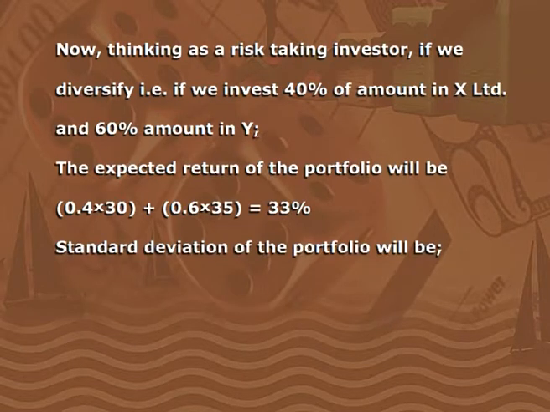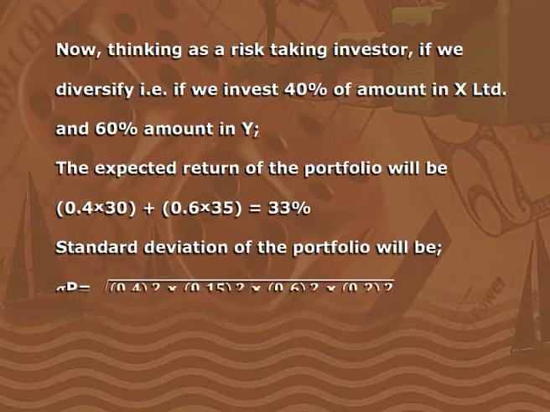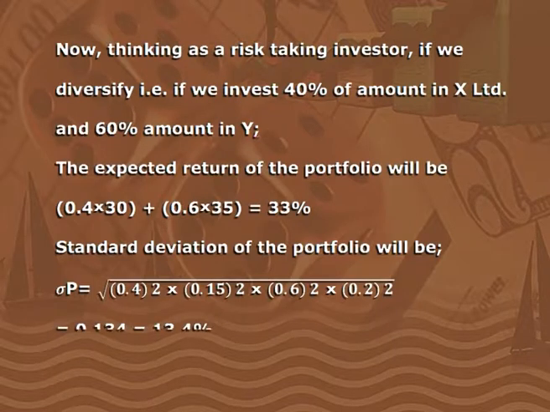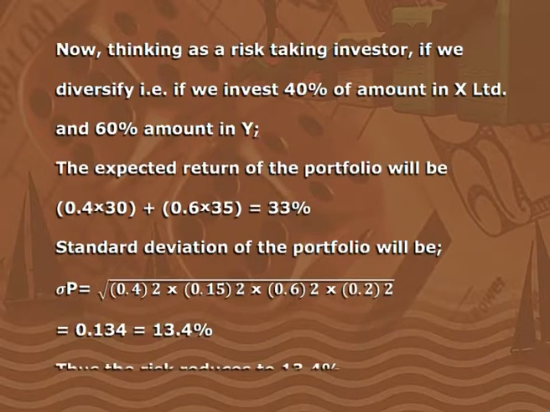Standard deviation of the portfolio, sigma P, is equal to the square root of (0.4)² multiplied by (0.15)² plus (0.6)² multiplied by (0.2)², which gives us the standard deviation of 13.4%.